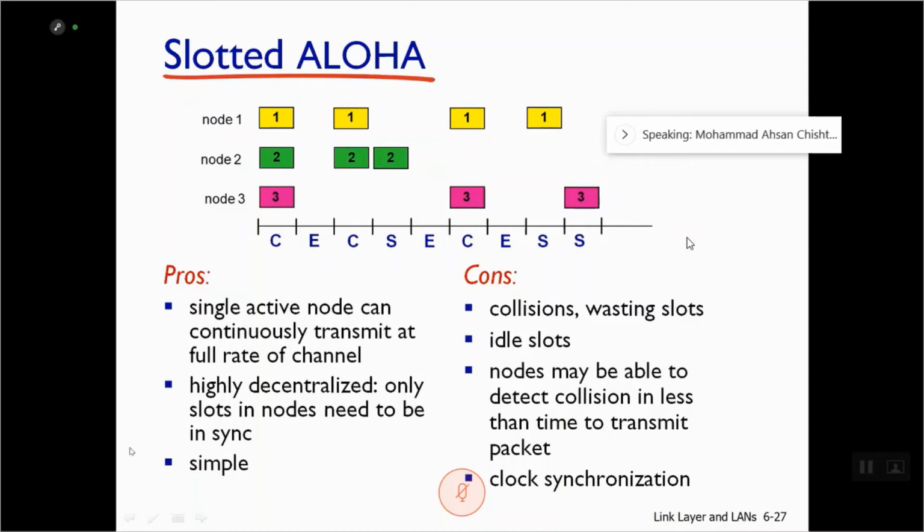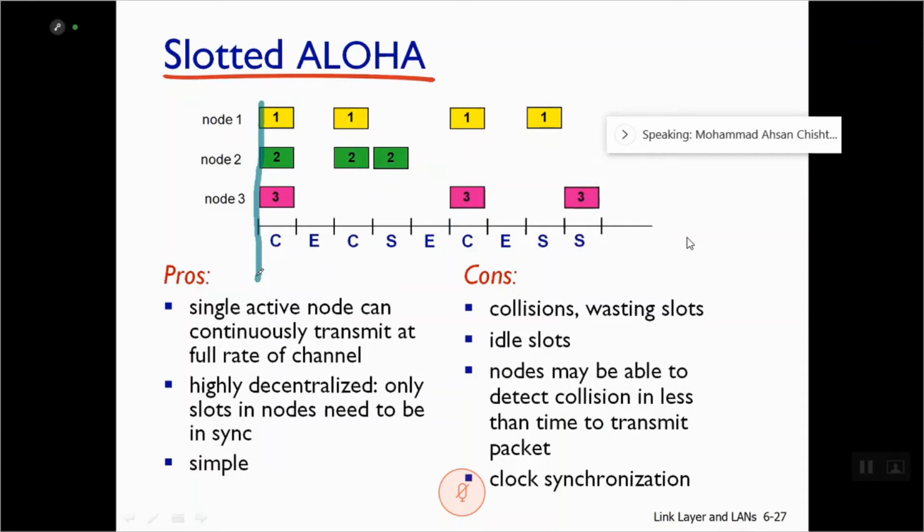Each frame is started at the beginning of the time slot. Now 3 nodes, node 1, 2 and 3, start to transmit at the same time, that is this one. What happens here? A collision happens.